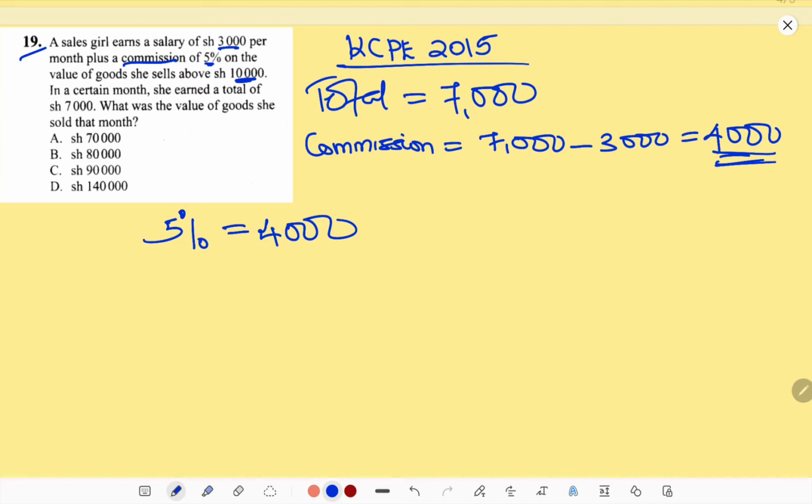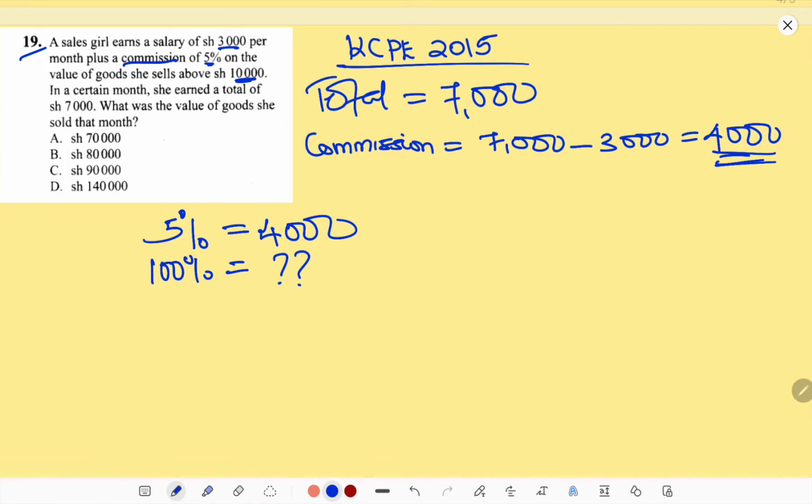This is what we know because they are getting 5% on value of goods above 10,000. So if 5% is equal to 4,000, we want to get 100%. This is what we want to get.